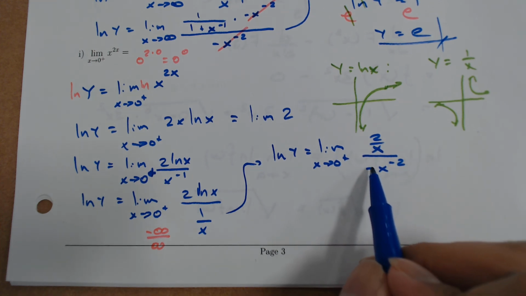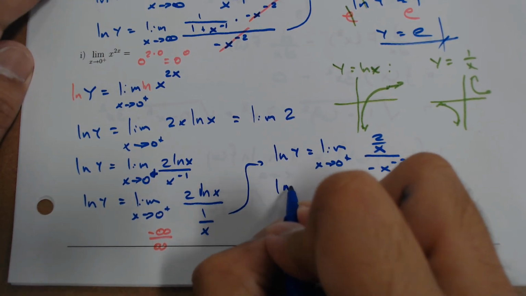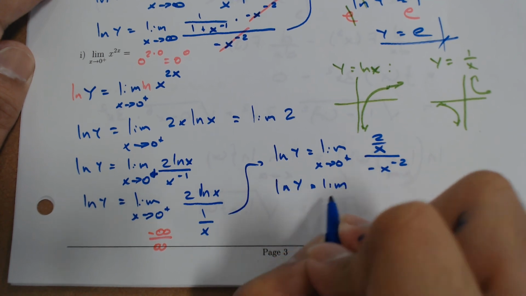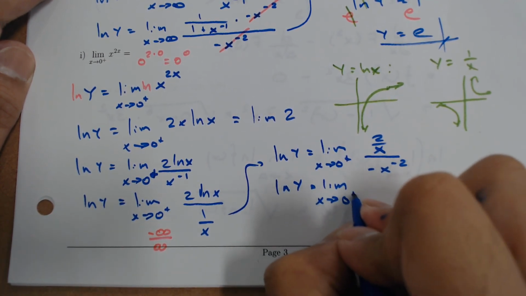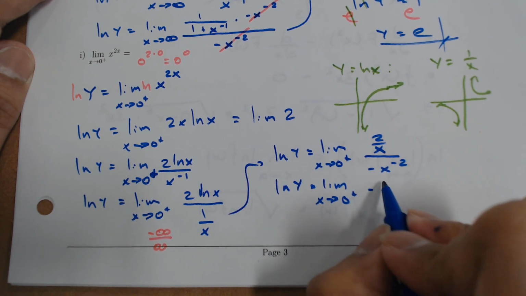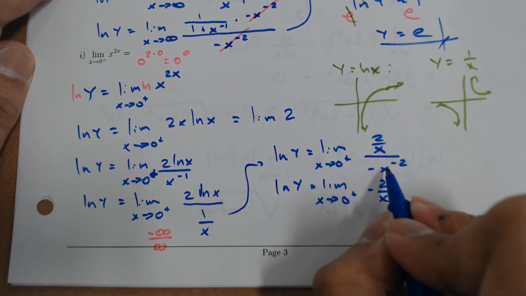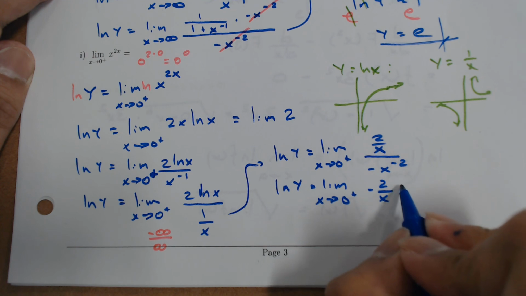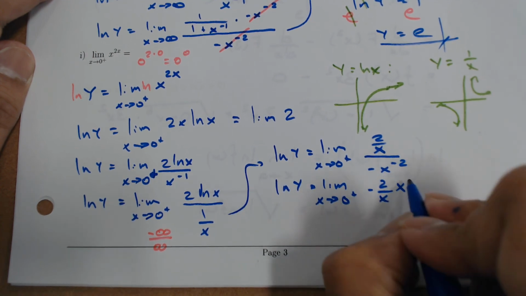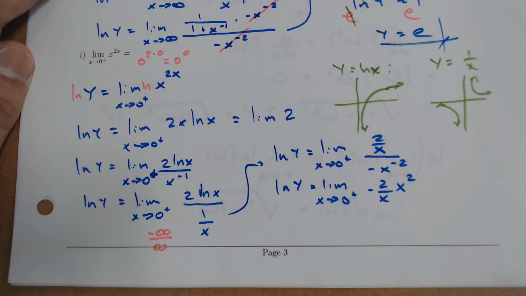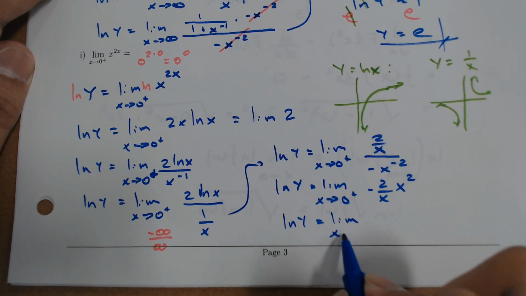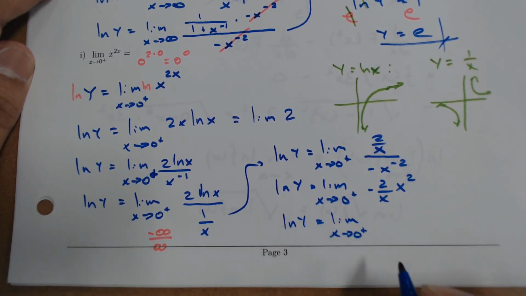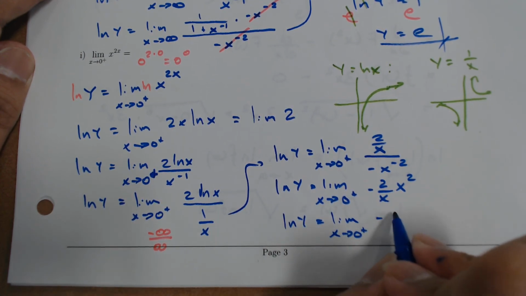Let's have this negative, so that's negative 2 over x. And this x to the negative 2, let me write it in the numerator as x squared, which actually reduces with the x. So that's a negative 2x.